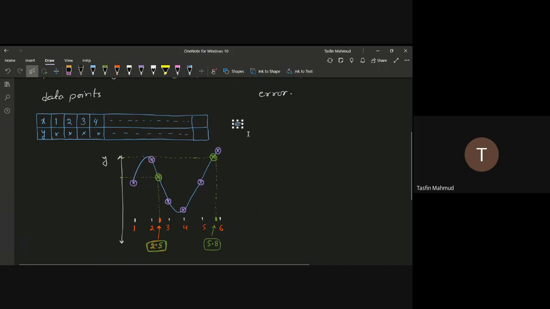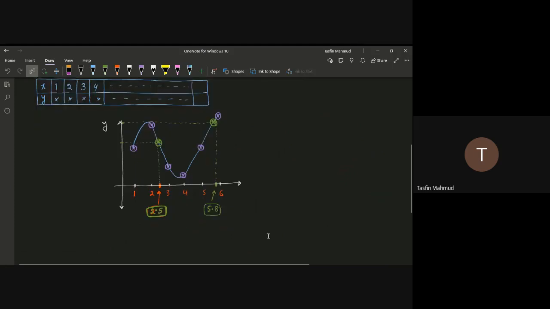In case of interpolation, if you look carefully, you can see that our curve is passing through all the purple colored data points, and these purple colored data points have been observed in the experiment. So our blue color curve is passing through these purple color points, which are given in our data table. So our curve is exactly passing through these points.